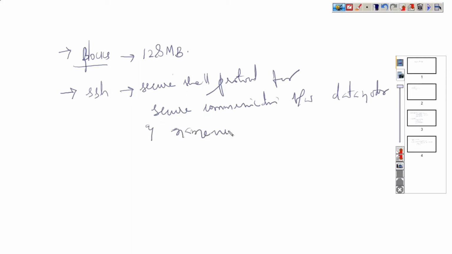This is the secure communication protocol between data nodes and the NameNode. The port number at which this communication is done is 8020. You have to remember all these points.